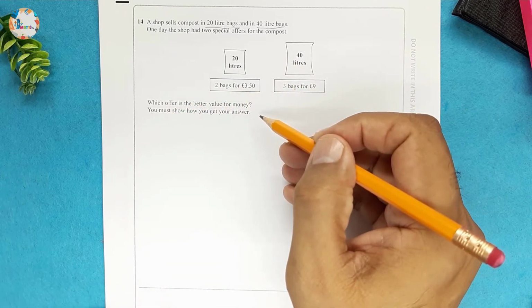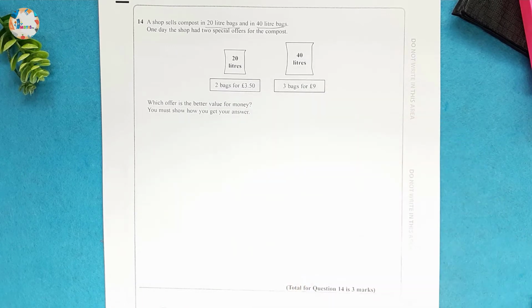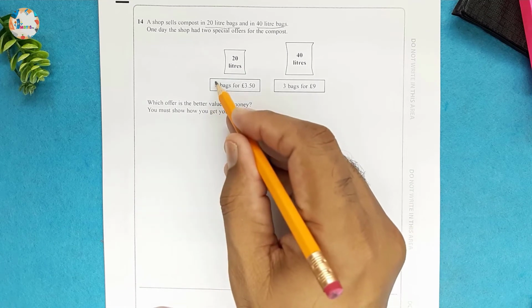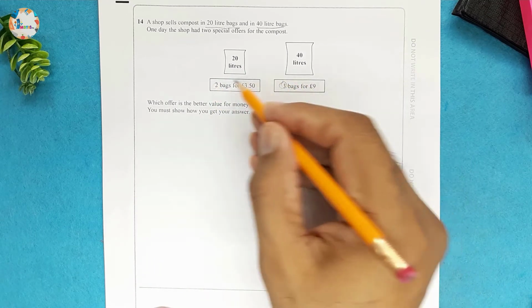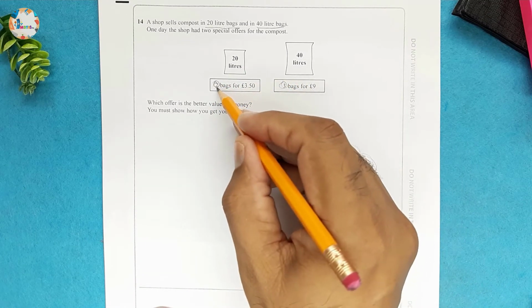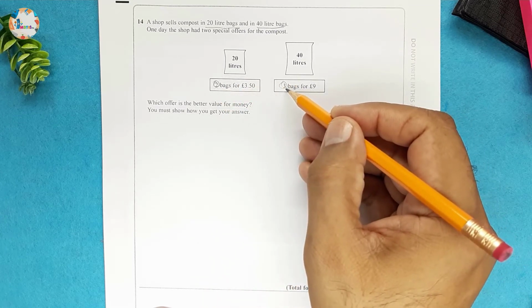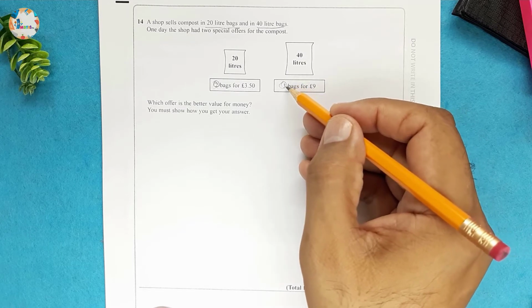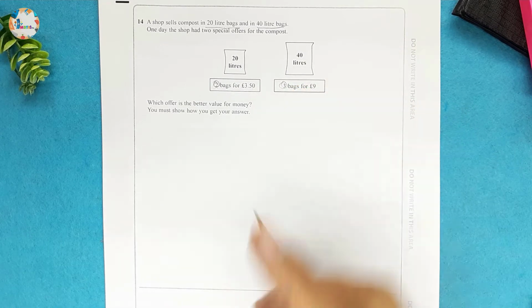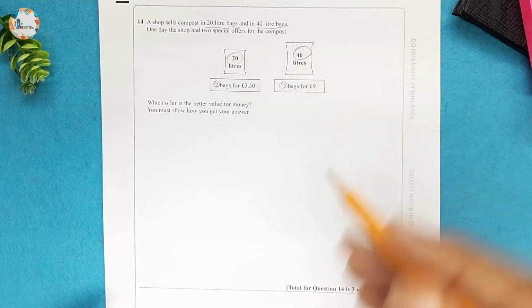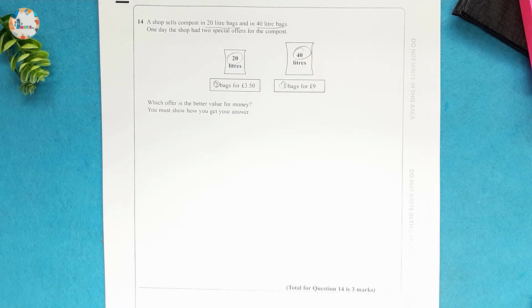Which offer is the better value for money? So we can check for this, like 2 bags, 3 bags. So we can multiply this by 3 and multiply this also, for example, so this is 20 liters, this one is 40 liters. So we can equalize and check.